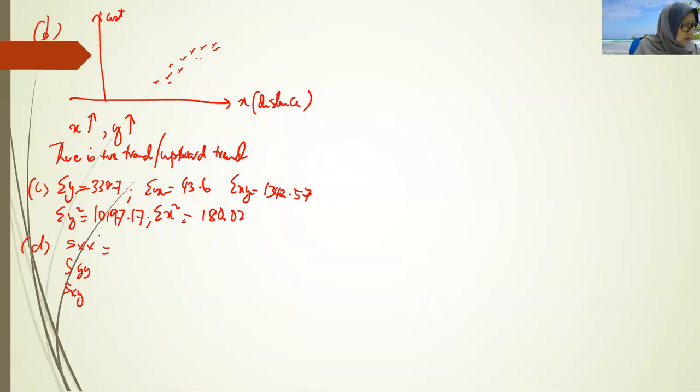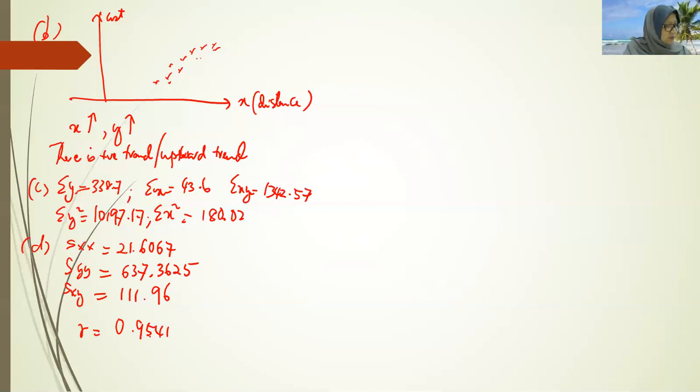I give you the answers first: SXX is 221.6067, SYY is 637.3625, and SXY is 111.96. So R is equal to 0.9541. This is the value of R, the correlation coefficient.